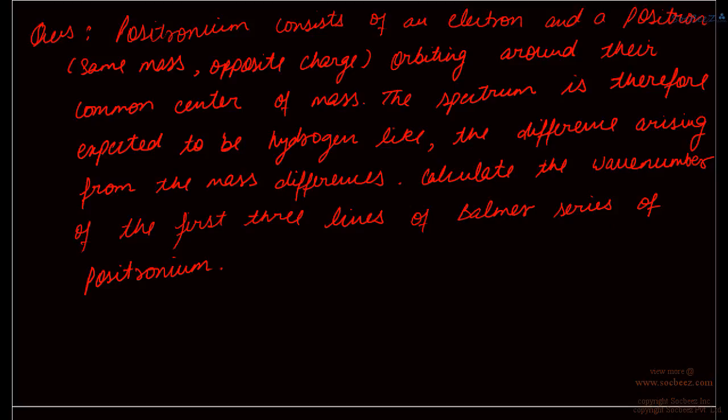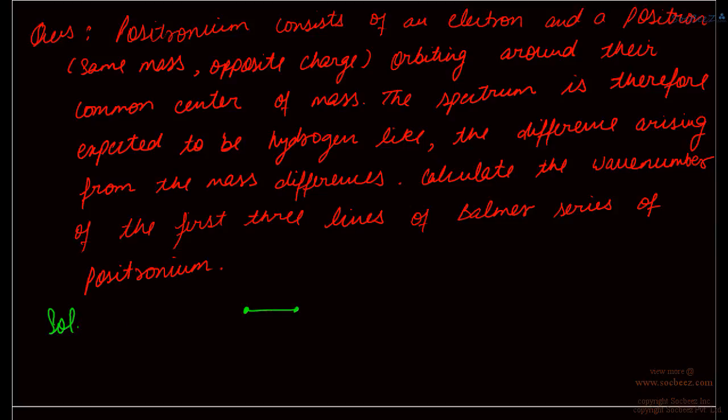Okay, Bohr series lies in visible region as we had already discussed, and in this case Bohr series has the value of N1 as 2. So the value of smaller quantum number is 2. Okay, so the problem says that positronium consists of an electron and a positron.